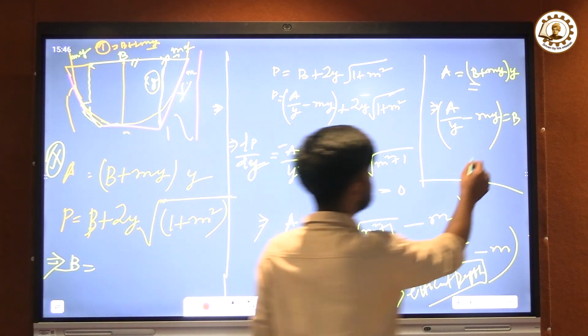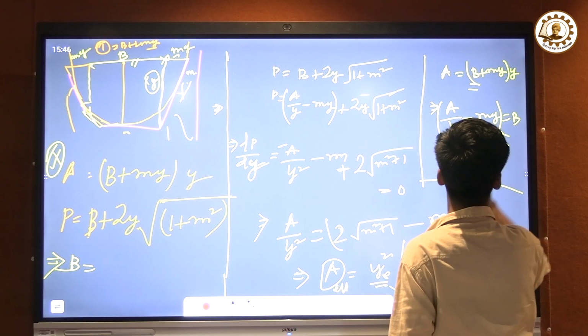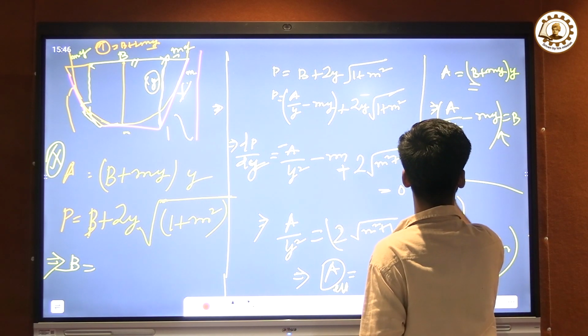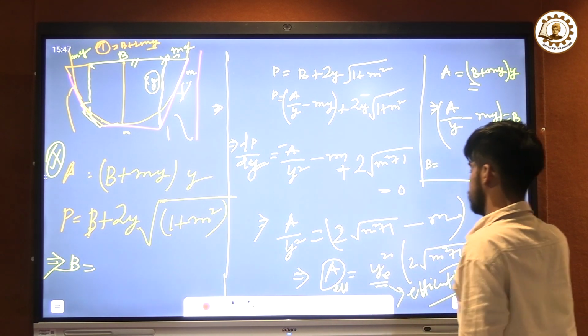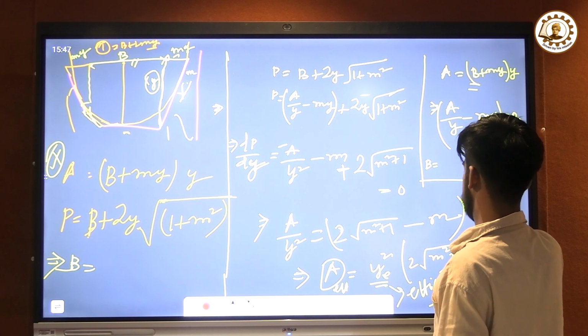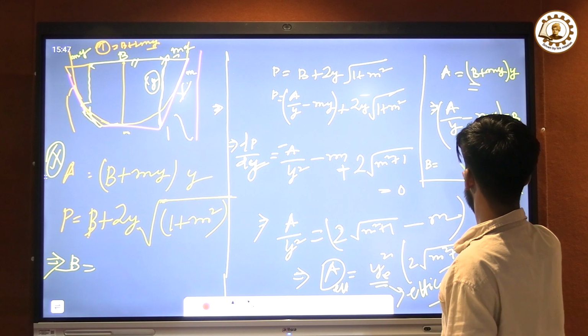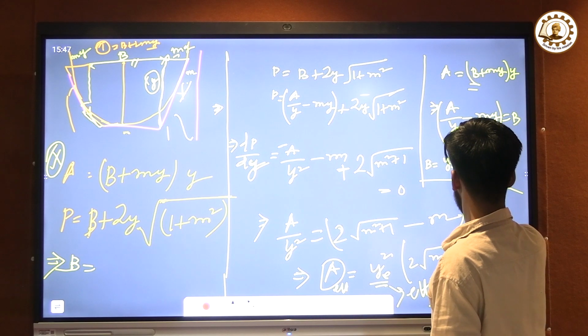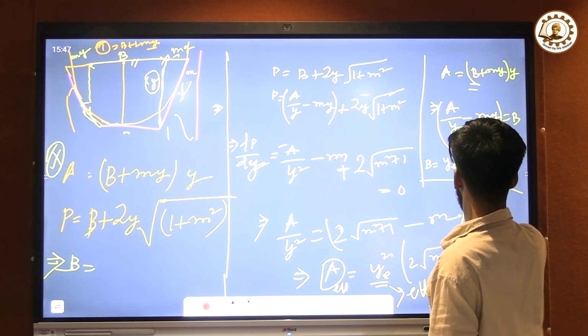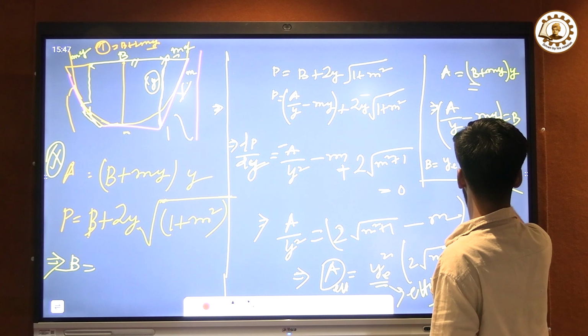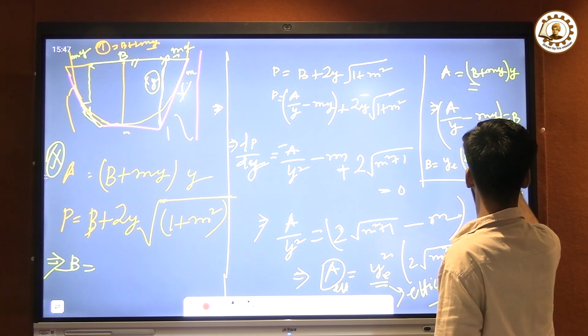It is the value of this. Then you can put the value of B as Ye into 2 root over m square plus 1 minus m.